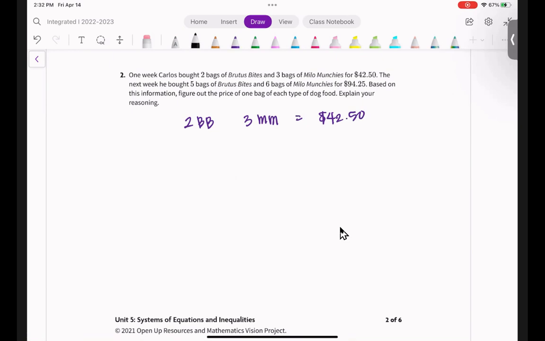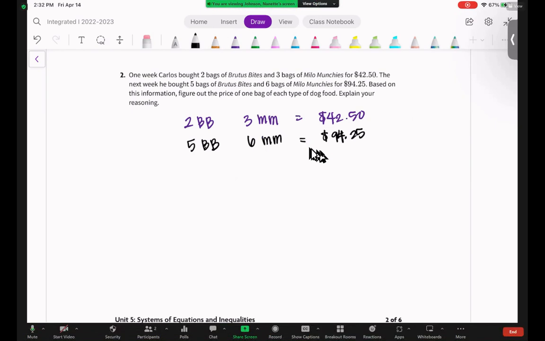And then the next week, you bought 5 bags of Brutus Bites, and those aren't the same there, so that doesn't help me. And then this one is 6 bags of Milo Munchies. And again, those aren't the same there, but maybe you see a pattern. Maybe you see a little bit of a pattern. And so this together makes $94.25.